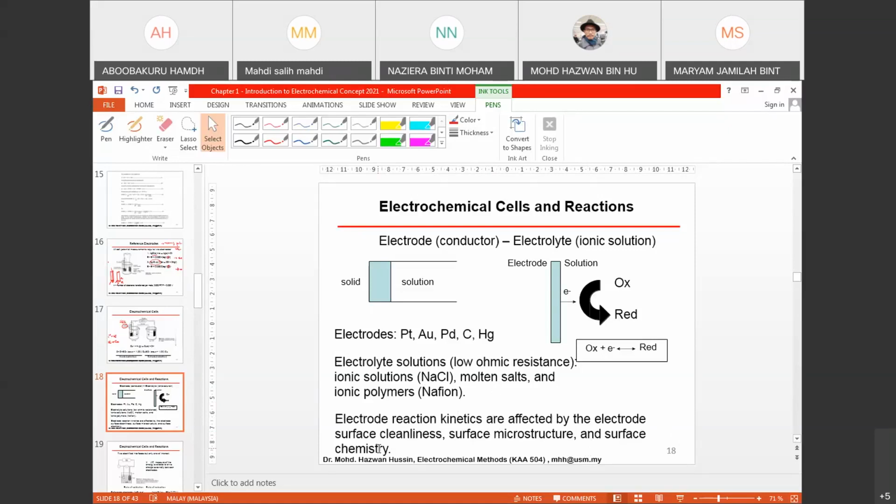Electrode kinetics are affected by the electrode surface cleanliness, surface microstructure, and surface chemistry. That is why, before you conduct any electrochemical measurement, you need to polish the electrodes, either glassy carbon, plates, or whatsoever.